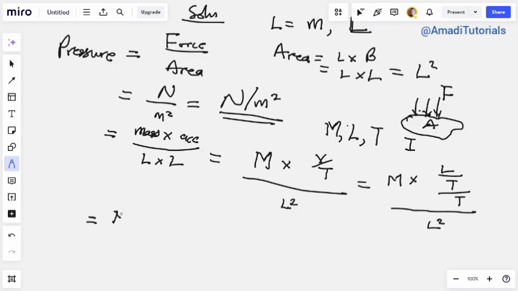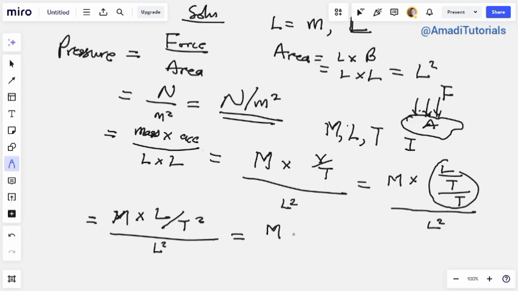So this will now be mass times, if you process this, you will have length divided by time squared, then divided by L squared, which is the same thing as here, M times length divided by L squared times T squared.